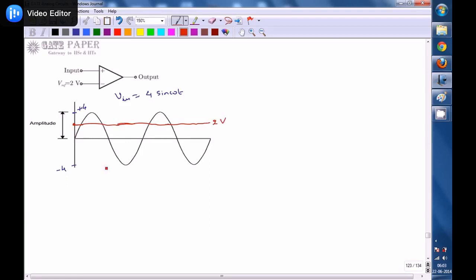Okay, so if the input signal is going to be below this line, at that time this 2 volts is dominating. If the input signal is going to be above this 2 volts line, the input signal is dominating. Remember that one. So here it is, for this above portion, V input is going to be greater than V reference. That implies nothing but V plus, voltage at the non-inverting terminal, is more compared to voltage at the inverting terminal.